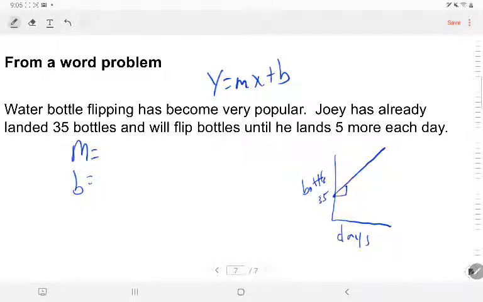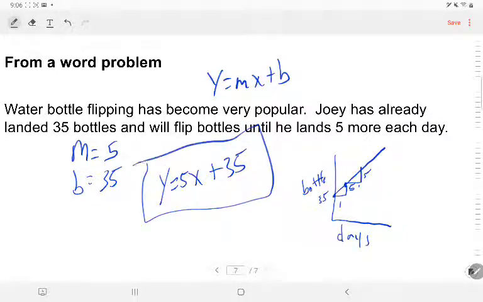So from here to the next point, it would be up 5. And then to the next day, again, go up 5. So my slope is going to be 5, and my y-intercept is going to be 35. Okay? So y equals 5x plus 35. And that is my answer.